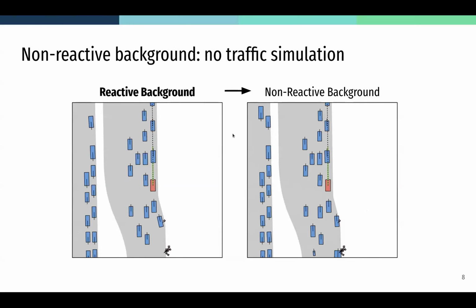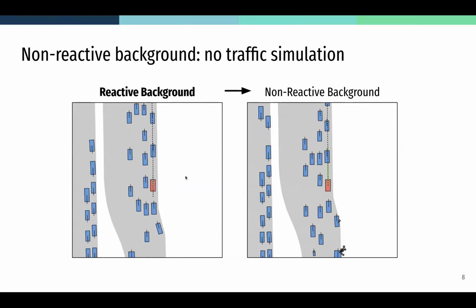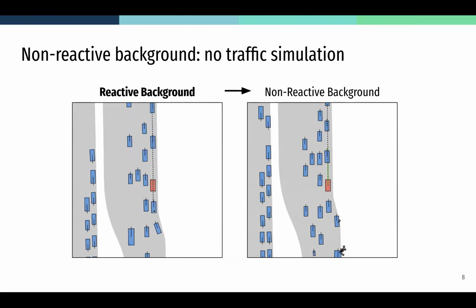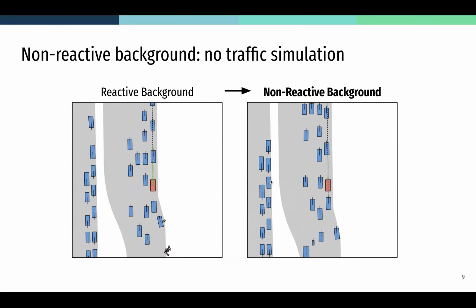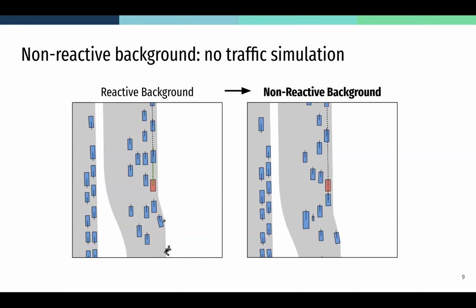The other trick we use, which further simplifies things and lets these VLM-style models be evaluated, is to make the background traffic non-reactive. I will not go over this in detail because it was mentioned in the previous talk. The basic idea is that instead of using something like IDM to make other vehicles reactive, you can just let them behave exactly as they did in your original dataset recording.